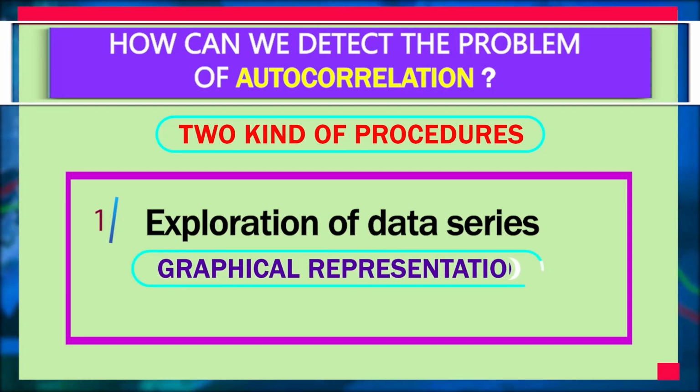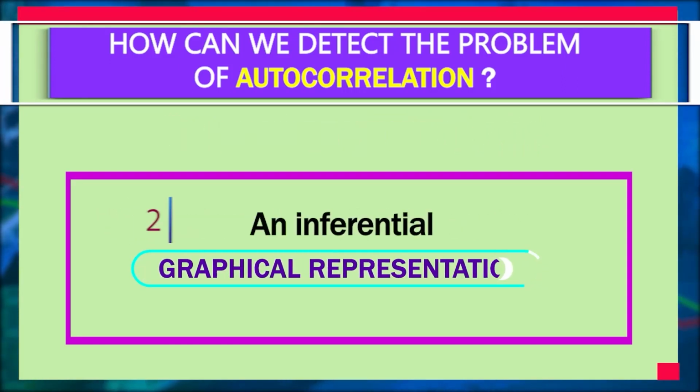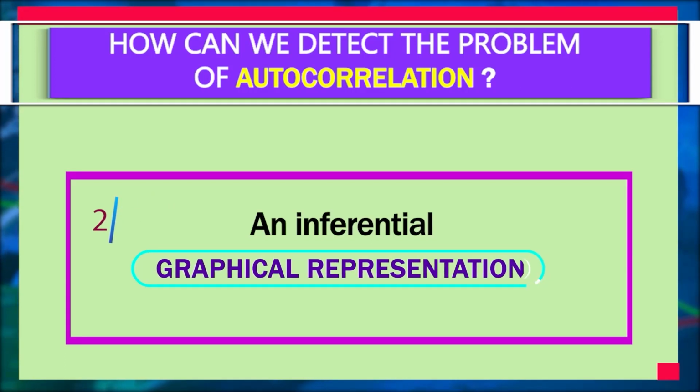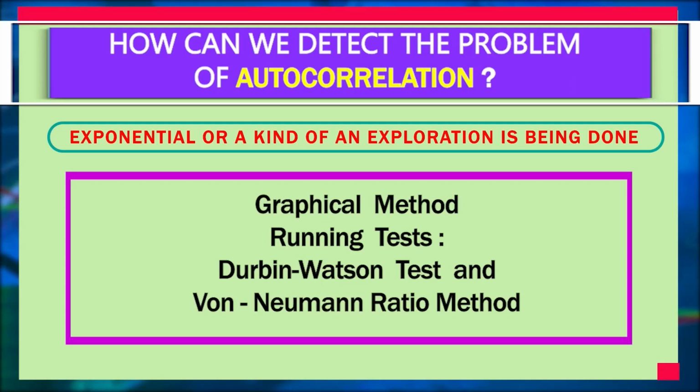First, an exploration of the data series, which calls for a graphical representation, or an inferential approach, which calls for testing. When we go for exploration, we use a graphical method of detecting the problem, but there needs to be a confirmatory test, and for that we need to run a test for autocorrelation.